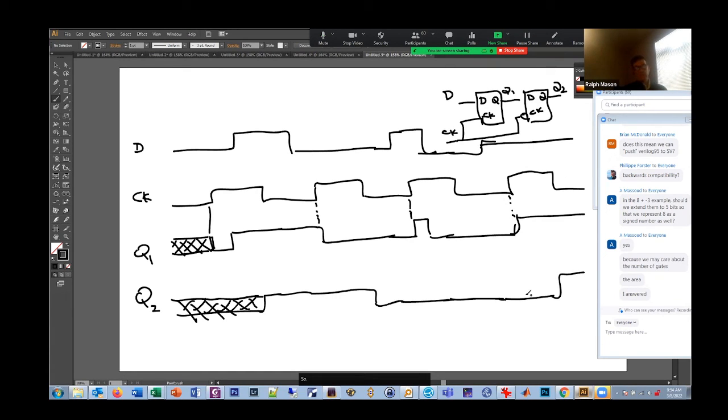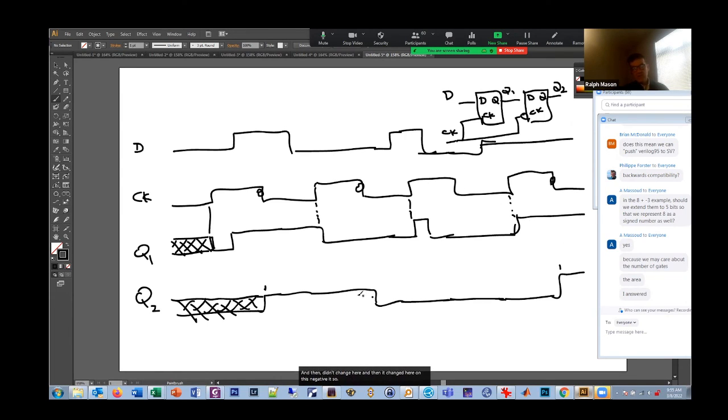So that's Q2. Now, the funky thing about this waveform is, if we look at Q2, just ignore Q1. If we just looked at D, clock, and Q2, what you would find is, look, here's where Q2 is changing right here. That's on this negative edge of this flip-flop. And it's changing right here on this negative edge. And then didn't change here, and then it changed here on this negative edge.